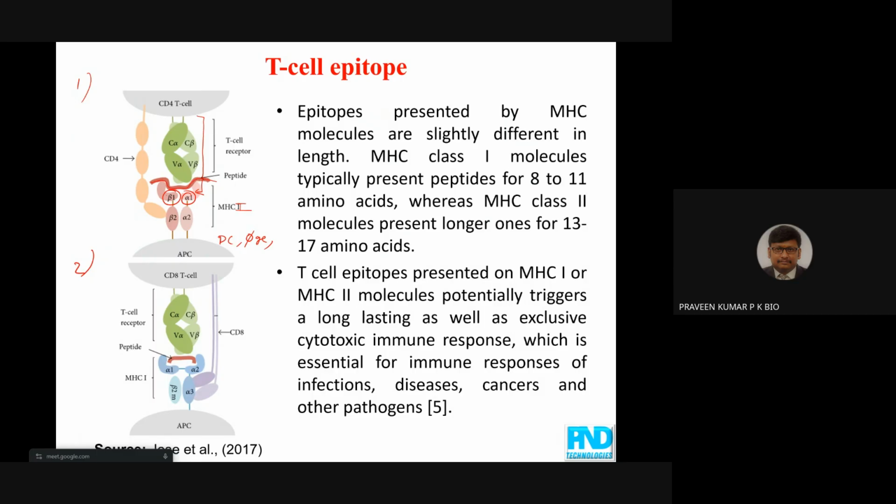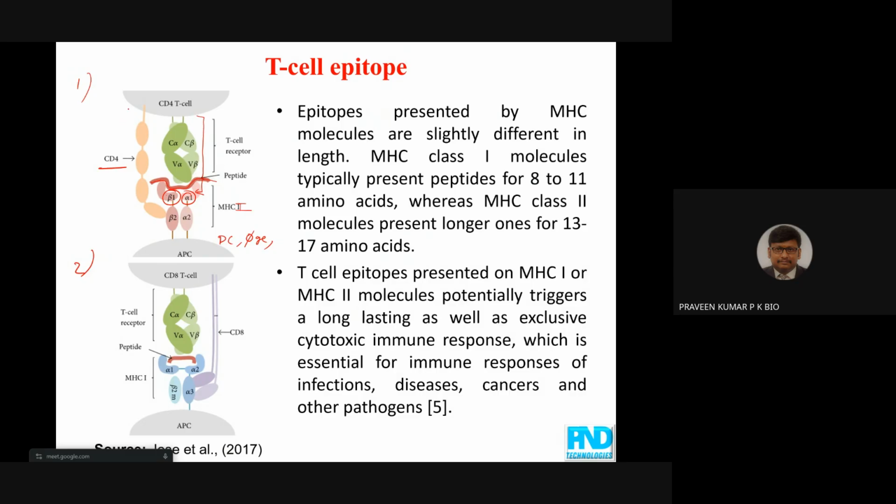If you see alpha 1 and beta 1, the antigen is present on the surface, and this antigen in the APC is going to bind with the CD4 of the T cell. This is the CD4 receptor. So for antigen presentation and processing, we have CD4, the T cell receptor, and the MHC.